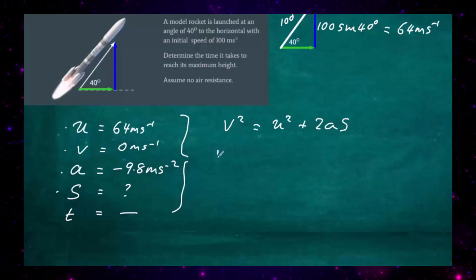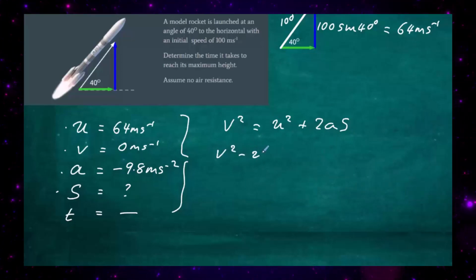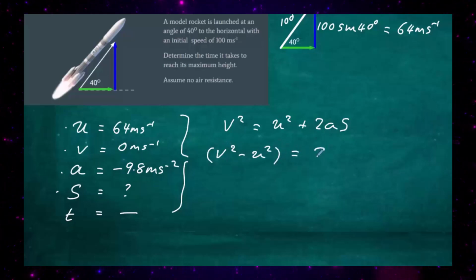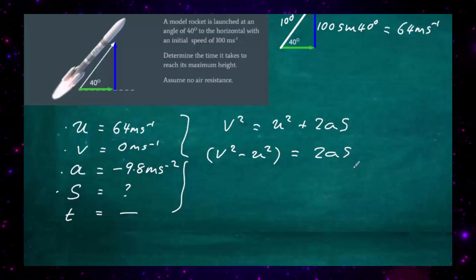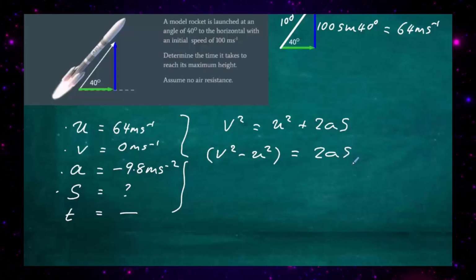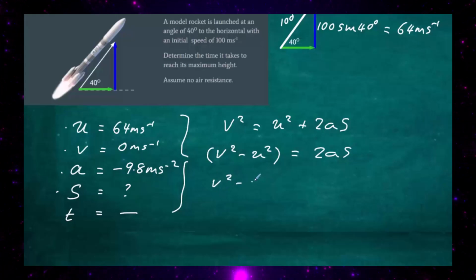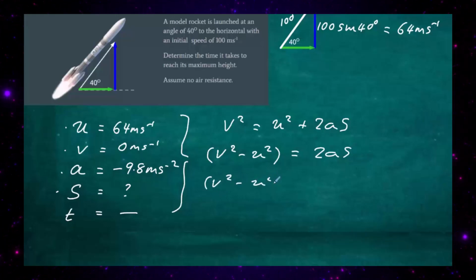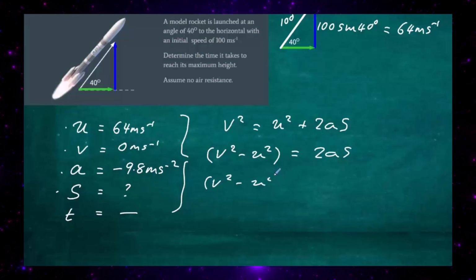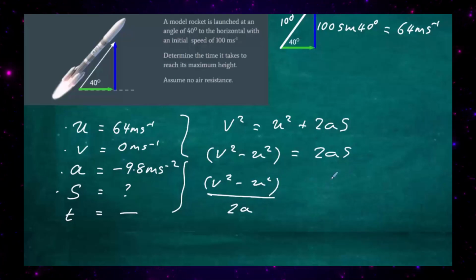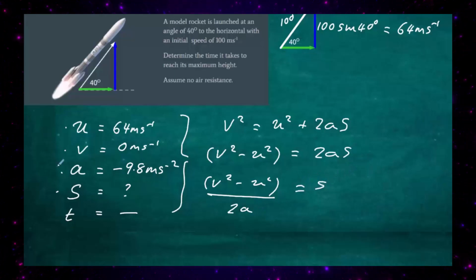If I take the U squared over the other side, I get V squared minus U squared, in a bracket, equals twice the acceleration times the displacement. To find the displacement on its own, I've got to divide by 2a, so S equals V squared minus U squared, divided by 2 times acceleration. That's going to give me the displacement.